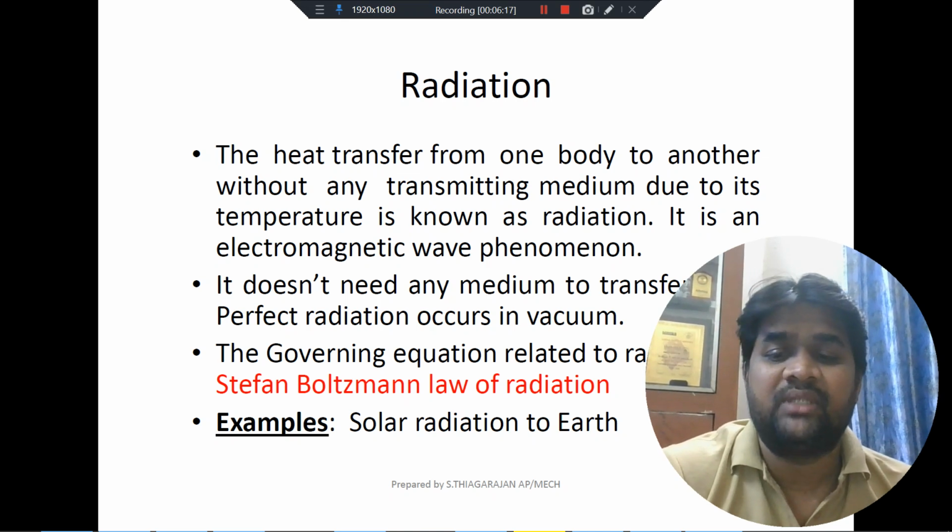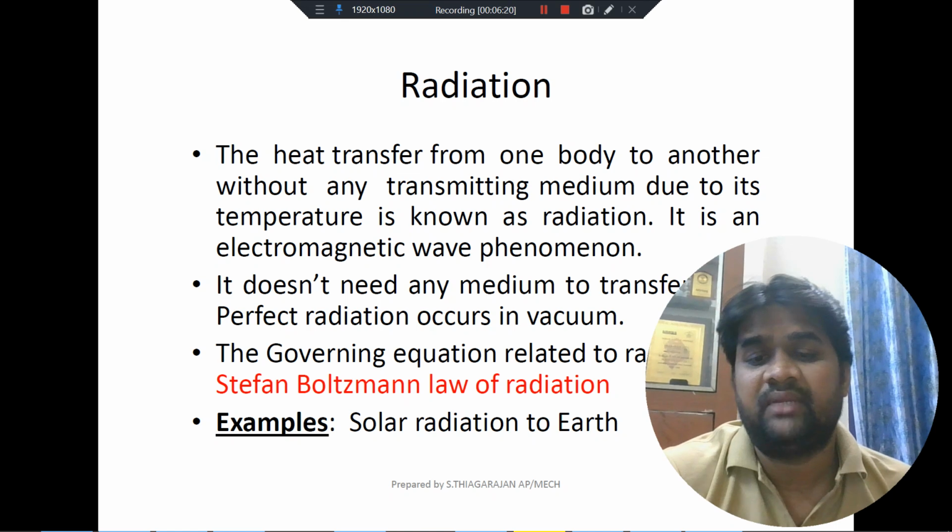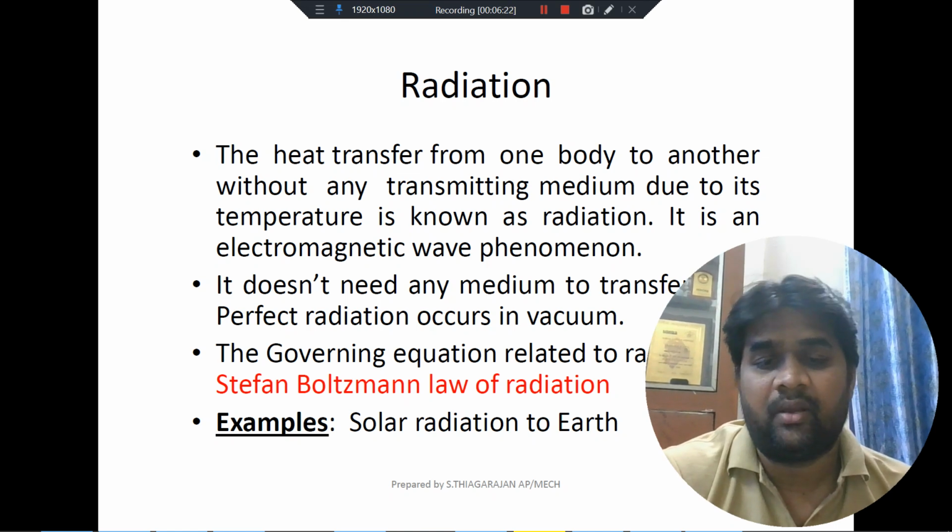The governing equation related to radiation is Stefan Boltzmann law of radiation.